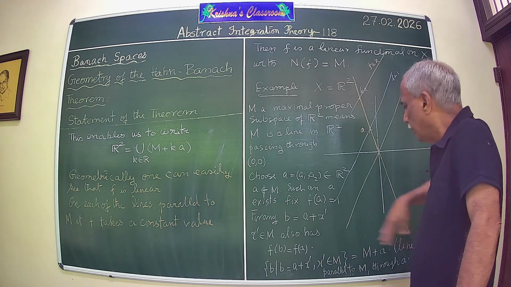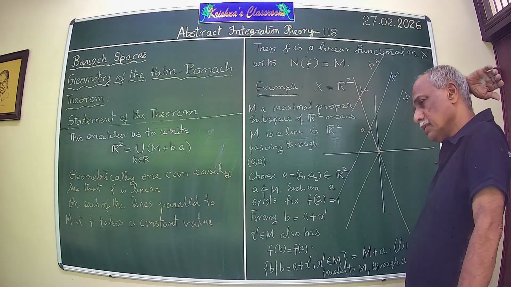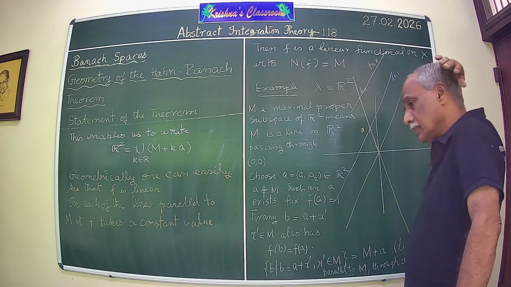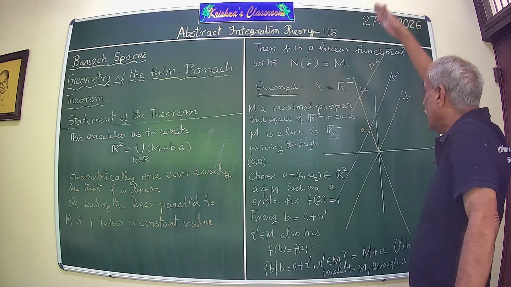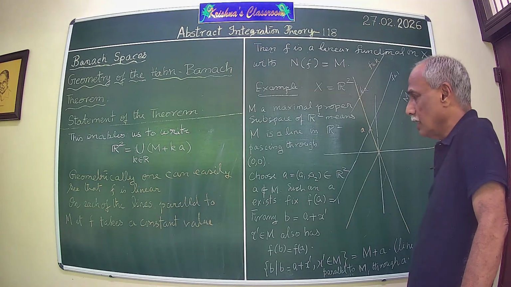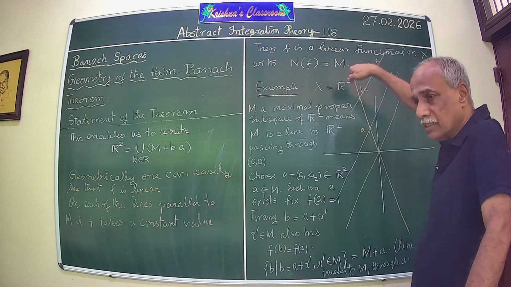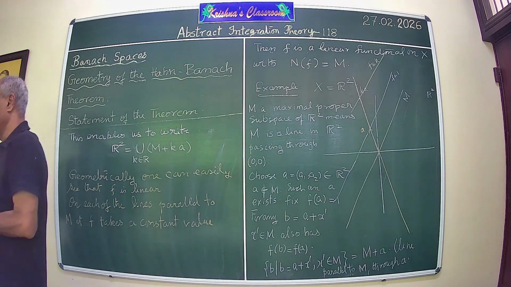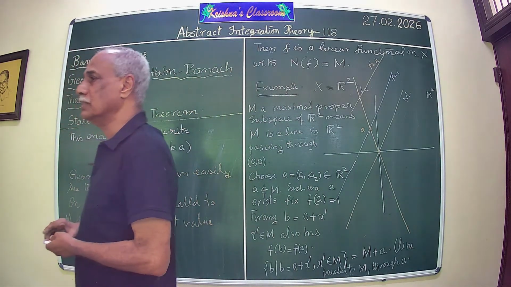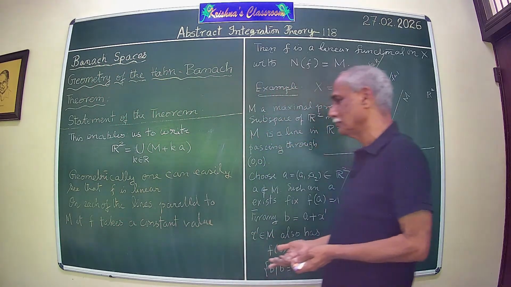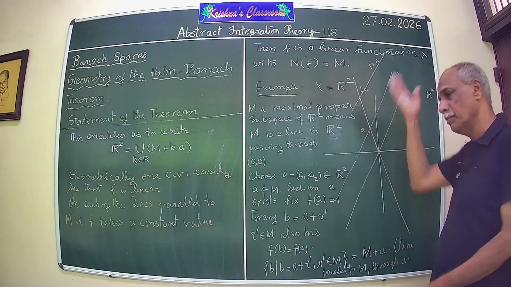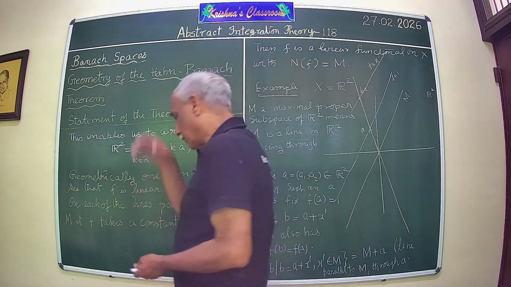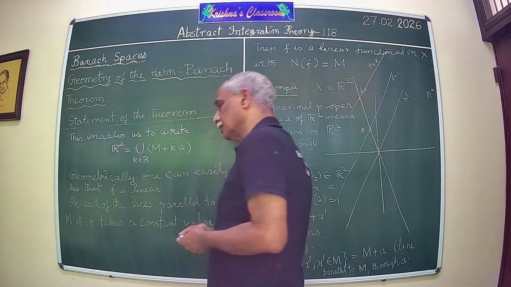Conversely, given a maximal proper subspace of X, there exists a uniquely determined linear functional if we fix the value of f at some vector which does not belong to M. Okay, so it is going to be tagged by that vector and the value f takes at that point.